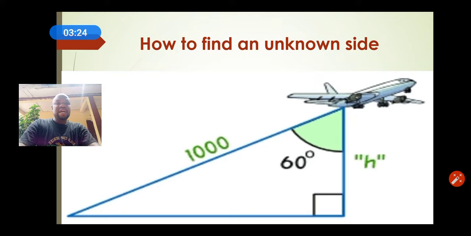Let us consider the diagram that we have on our screen. In this diagram, we are given the hypotenuse and we are also given the adjacent.